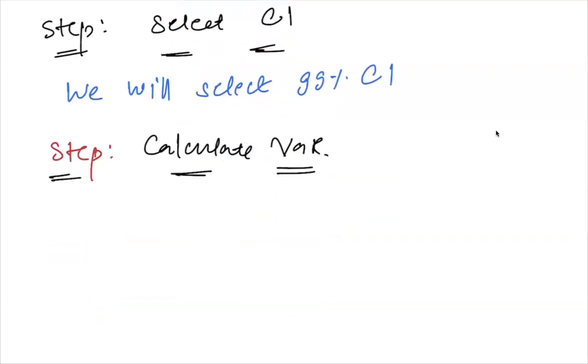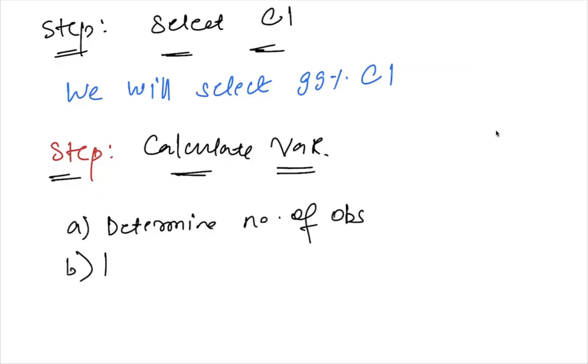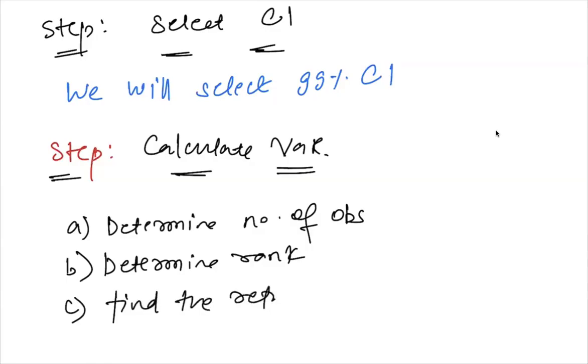When you calculate VaR, the first step is to determine the number of observations. Then determine the rank. Find the return at that specific rank.